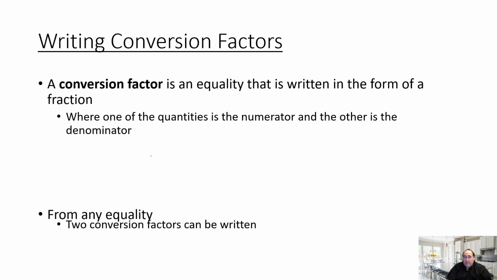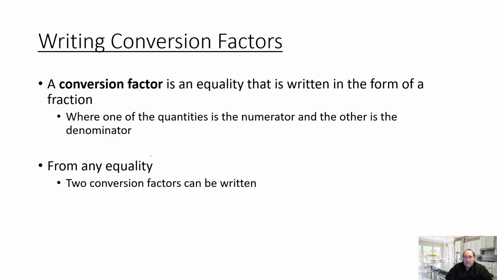All right, so let's then talk about conversion factors and writing conversion factors and what it is. We're going to be talking now about conversion factors and dimensional analysis and problem solving. So writing conversion factors, a conversion factor is really written from an equality. And from any equality, you basically write two conversion factors, which are essentially just fractions.